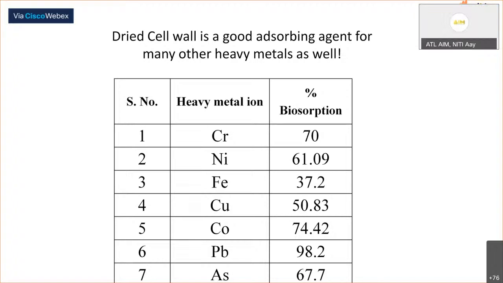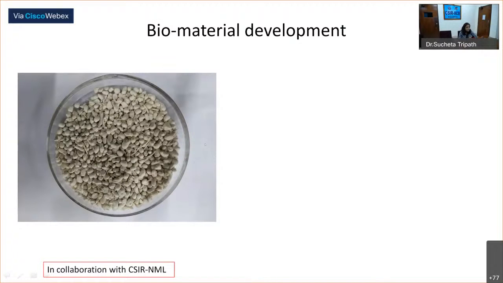Thanks for telling. So, with this, we found that this organism has great potential to act as a bioadsorbent for many heavy metals, and we collaborated with CSIR-NML and developed something called bio beads, which embed some synthetic material into the biomass, and this is very lightweight.